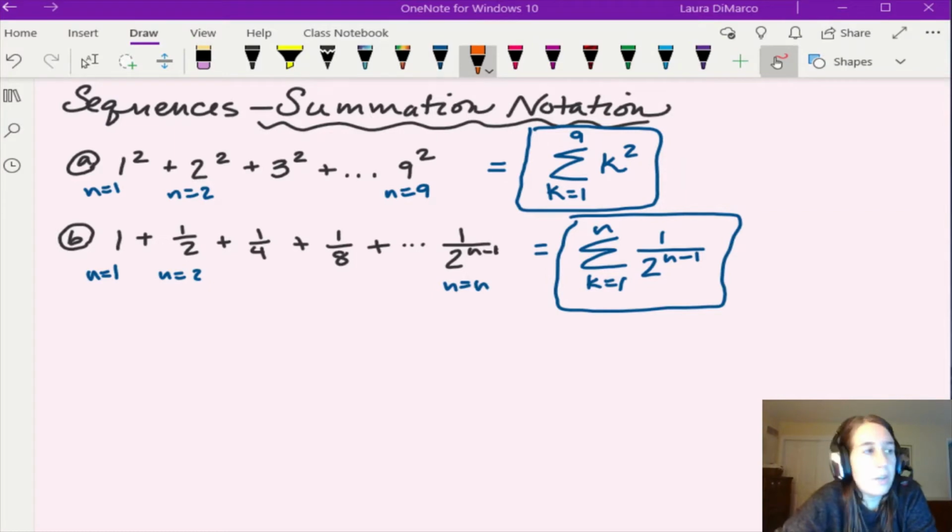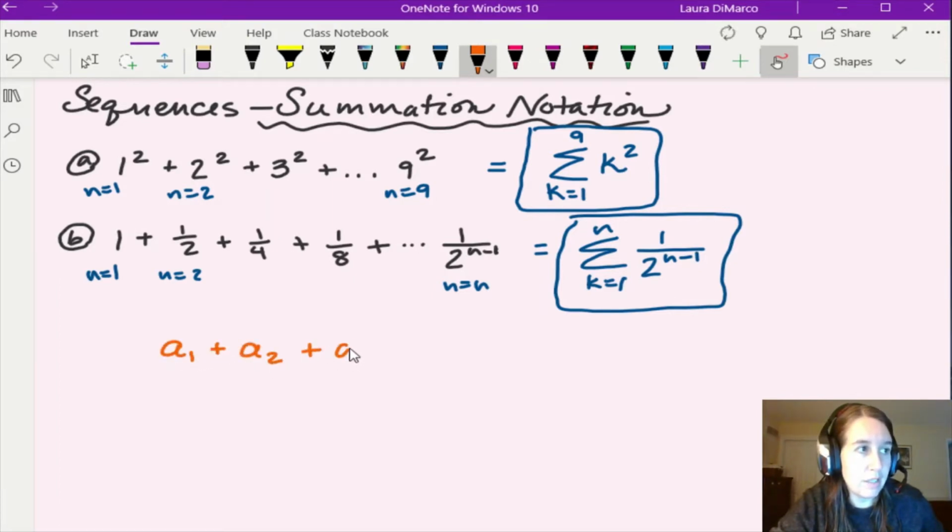So, in more general terms, to more closely define the summation notation, what we're talking about is if we had a sequence that was a sub 1 plus a sub 2 plus a sub 3 plus all the way to a sub n, right? Whatever the sequence was, we're adding each term together.